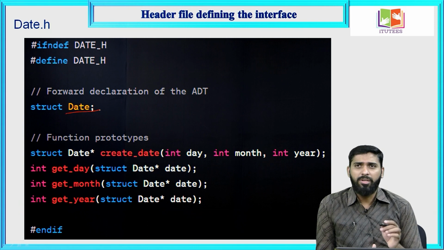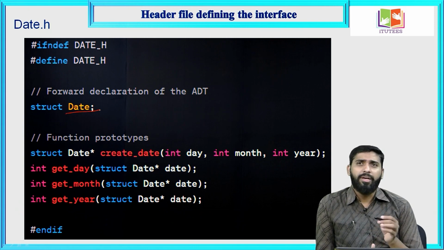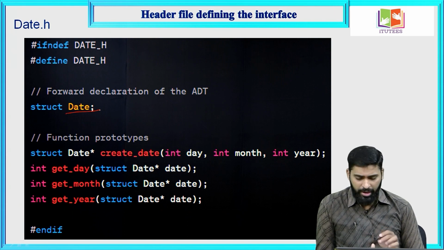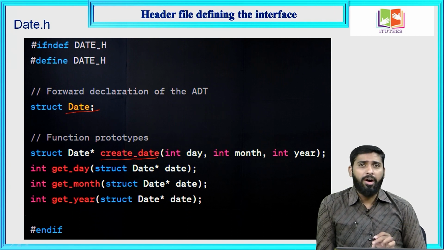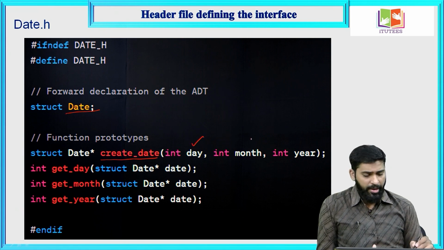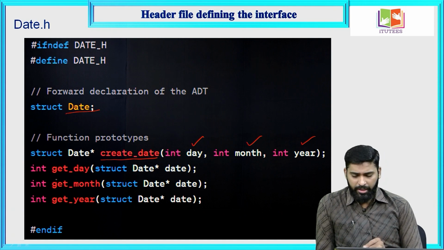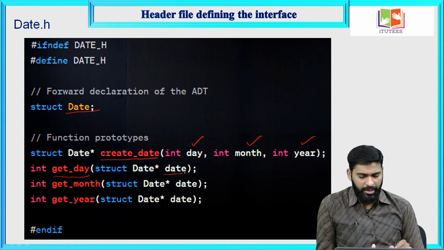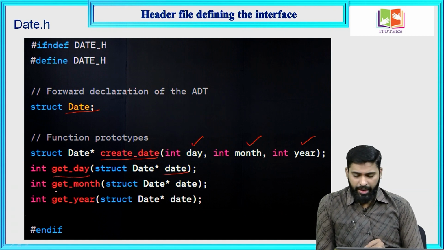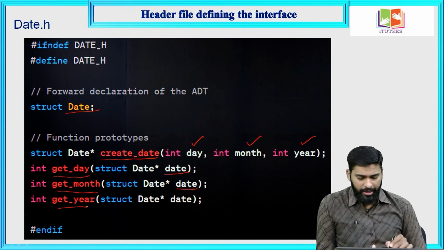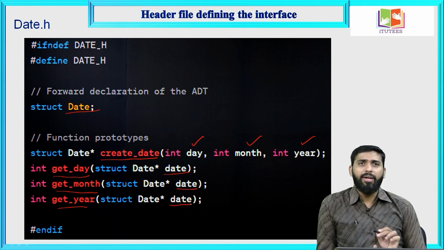Now this date header file contains four functions. One is create date, with arguments day, month, year. Similarly, get day, the input is date. Get month, the input is date. Get year, the input is date. Now this is the interface.